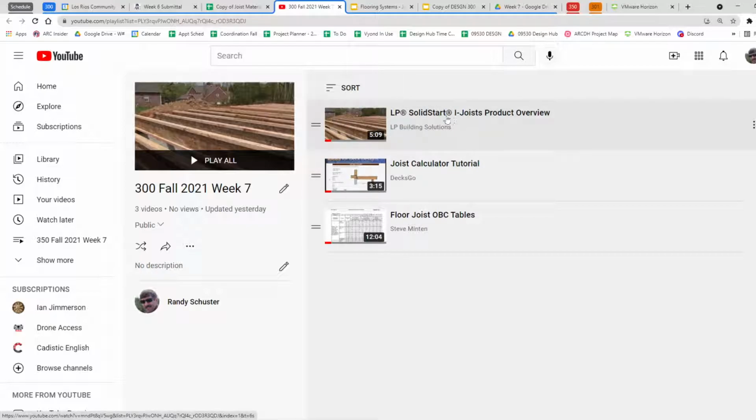These are called I-joists, which is basically an engineered joist. So instead of having one big solid thick piece of lumber, they make it out of this kind of shredded and glued together OSB type wood that's very strong in this up and down direction. And then you just cap it so that it has something to sit on. And that takes far less wood for the same amount of support.